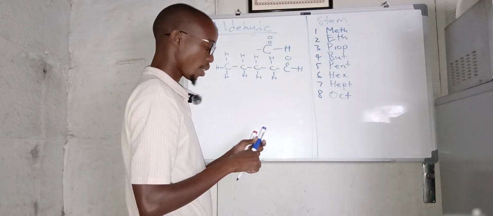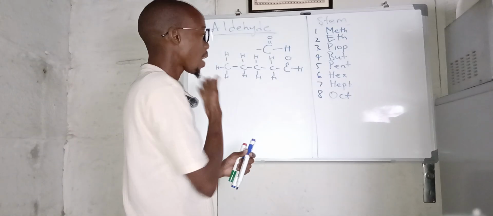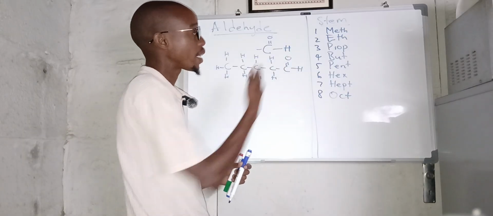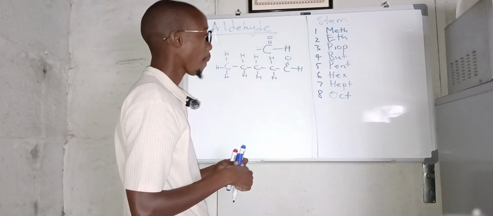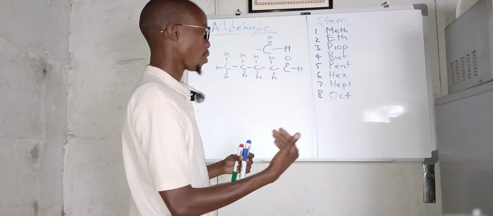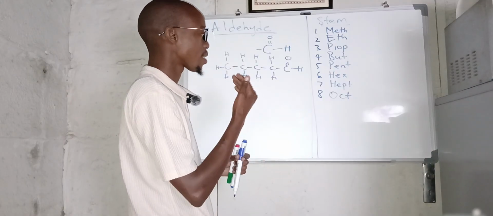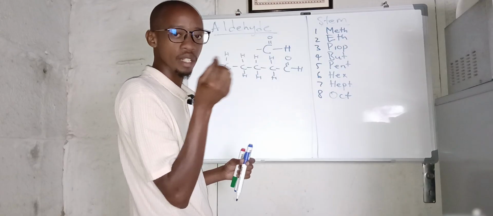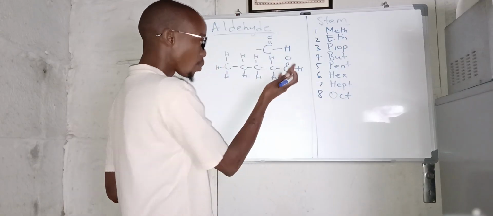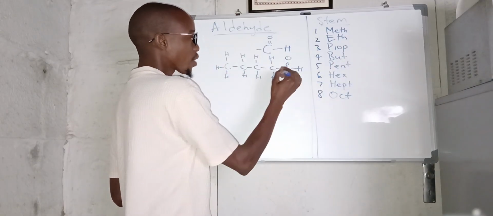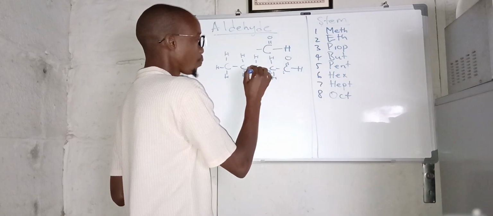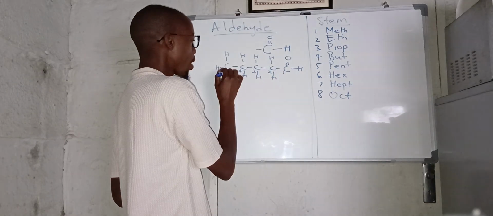Now let's check. The first thing that we need to check is the number of carbons such that we can get our stem or the prefix. And then we are going to count from the side that has the functional group, getting the smallest possible value, which is this side, from right to left: 1, 2, 3, 4, and 5.